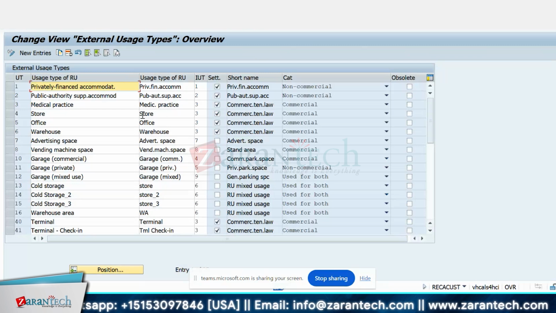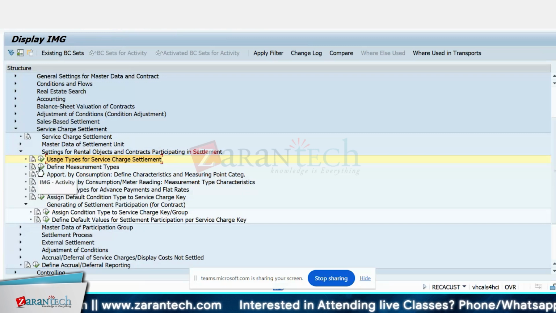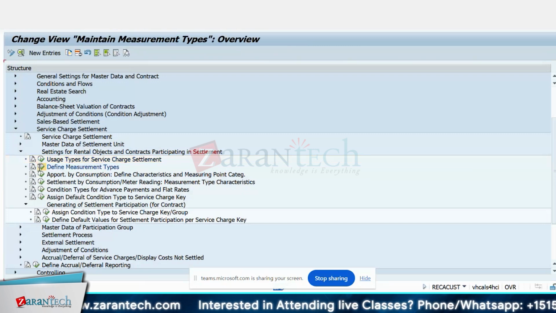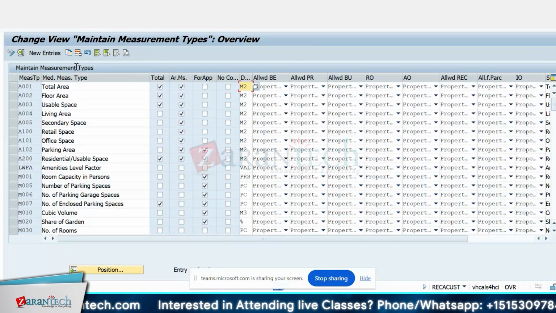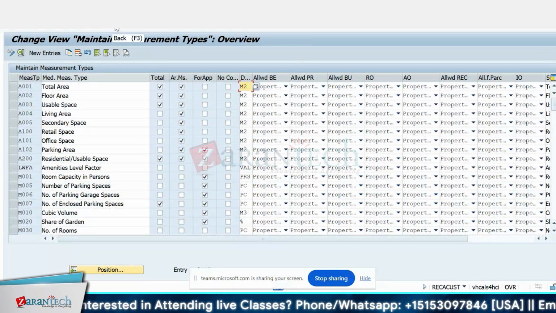If you remember, in rental object we had usage types created, garage and all these things. So based on that, we can assign those usage types to settlement unit. Define measurement type. Again, it will be the same. It will appear the same as what we have configured in master data under usage view.